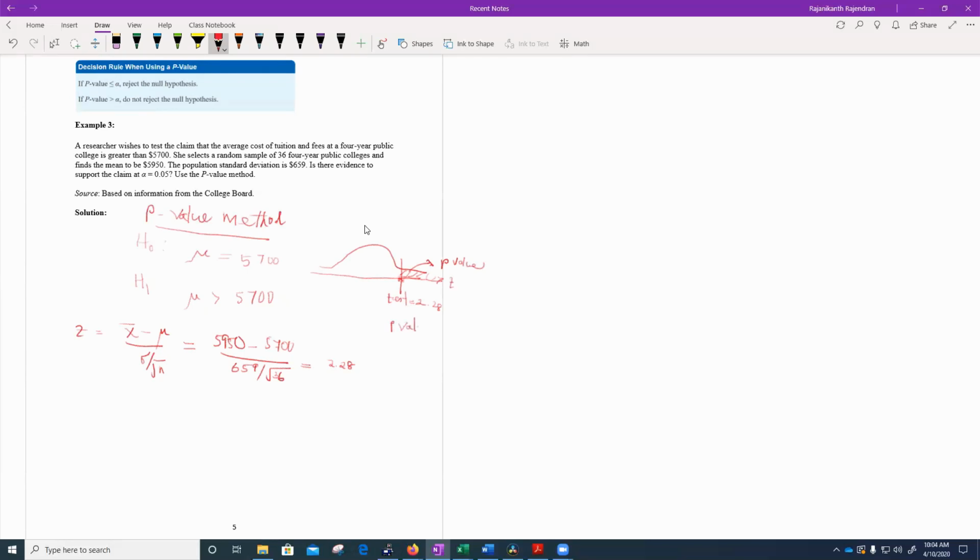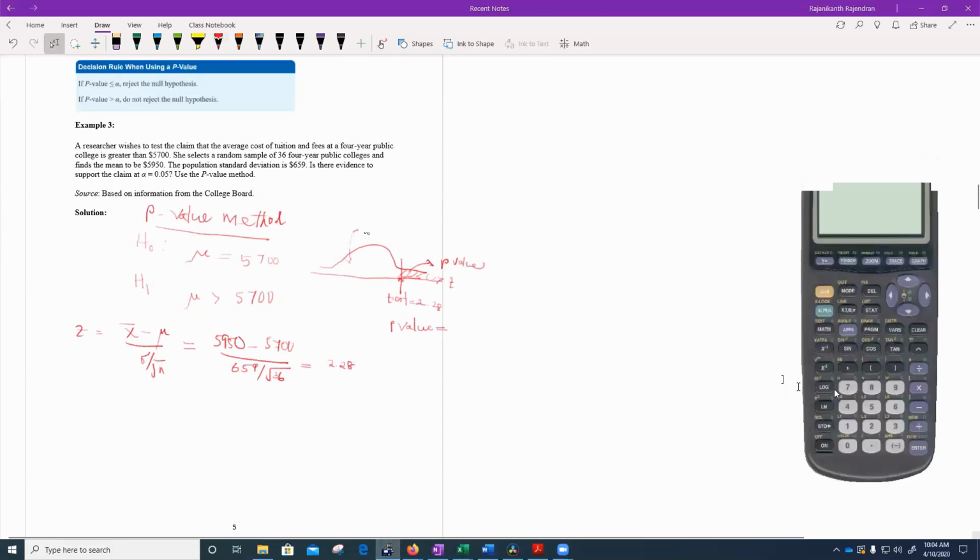Is there anyone who found this answer? So you need to find this area now. So let us find first the left area, to that point. So we need to go for second var. I need the area, right? So you have to go for normal CDF. Oh, wait a minute.